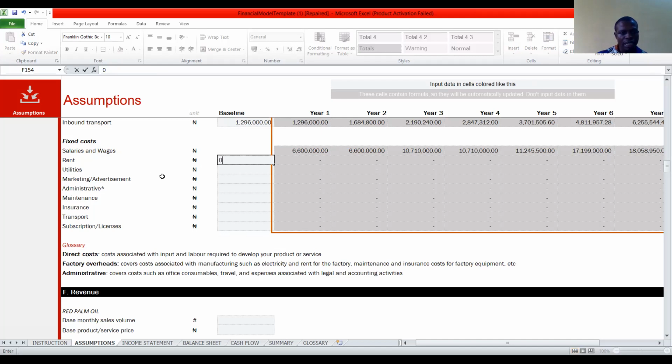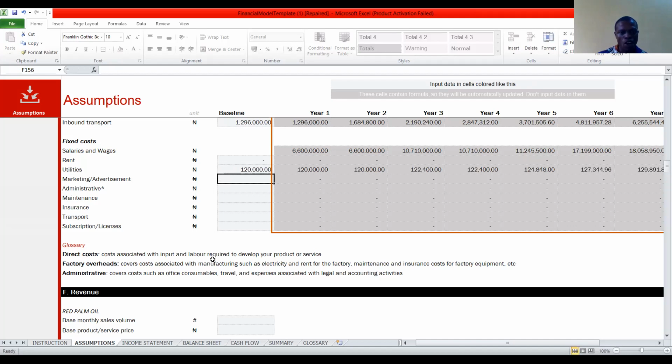The next is utilities. How much is he spending per month for utilities? 10,000 naira times 12, that's 120,000 naira. Marketing and advertisement. How much is he spending for marketing and advert? 20,000 times 12, that's 240,000 naira.